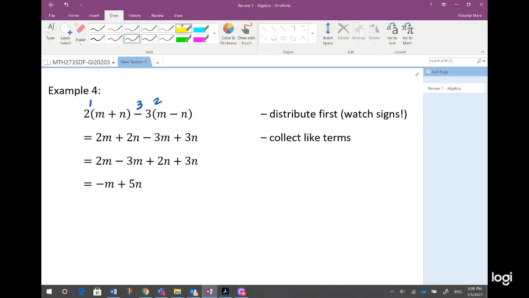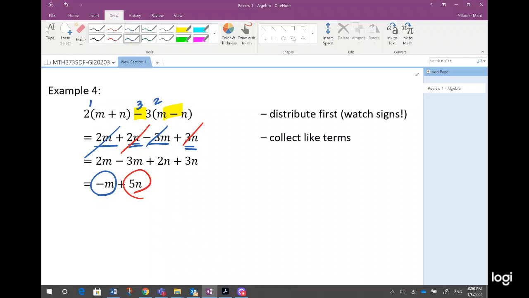Why? Because minus and minus is positive. Be careful with that. Then I do this and this together, this and this together. 2m minus 3m, yes, it's minus m. 2n plus 3n, it's 5n. Done.